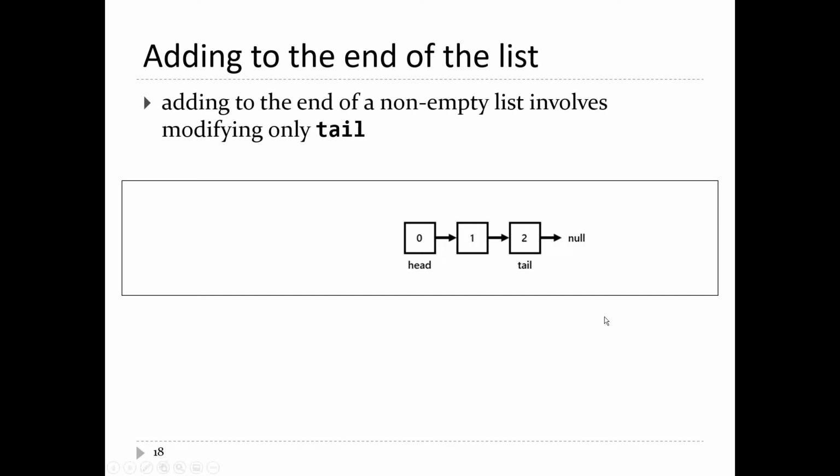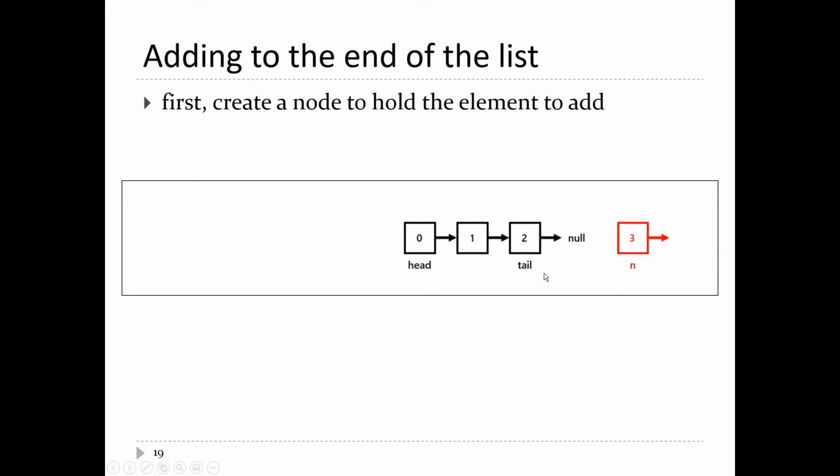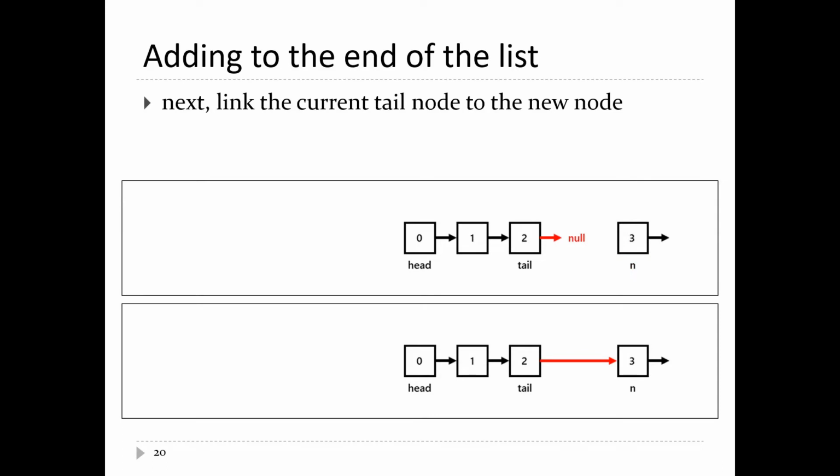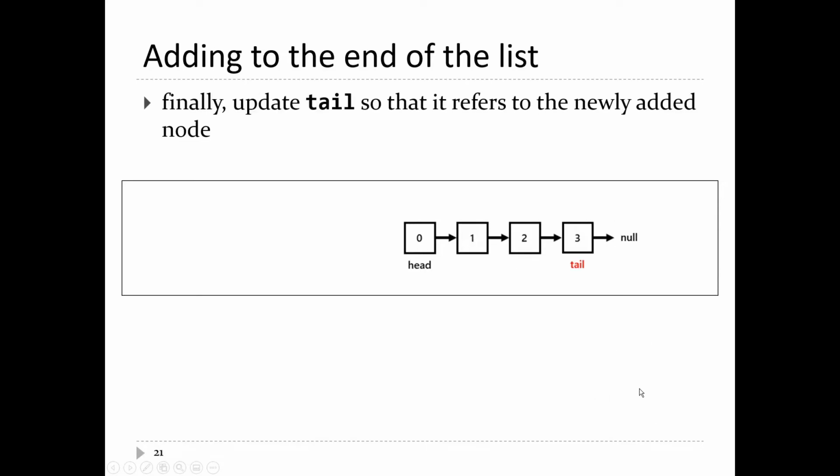So for example, if we want to add an element to the end of this list of size 3, then we make a new node called n. We then take the tail node and link its next field so that it points at the new node n. Then we adjust the value of tail so that it refers to the newly added node.